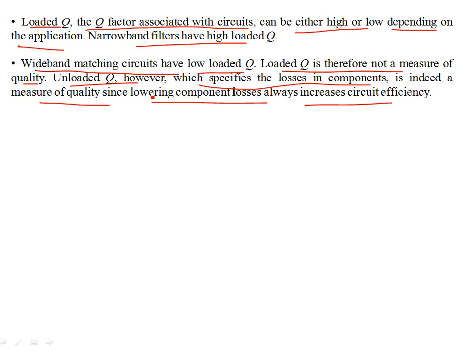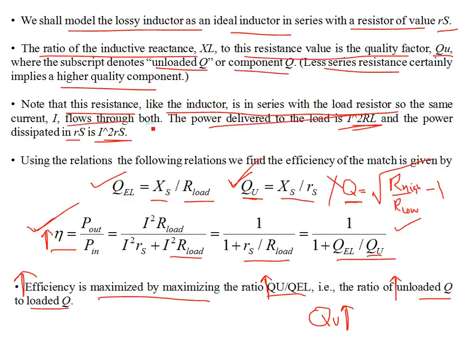So this point shows that the efficiency of a matching network is determined by the unloaded Q, and you have to increase this unloaded Q in order to get an efficient matching network. So that's all on the efficiency of matching networks.